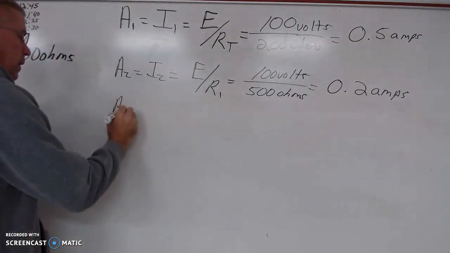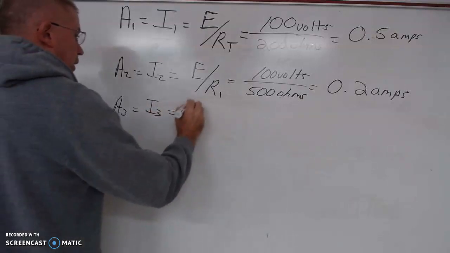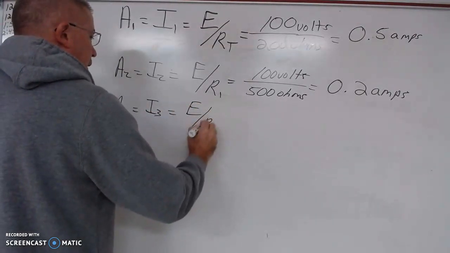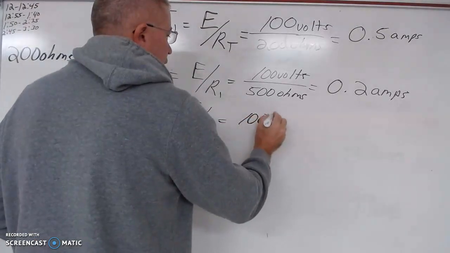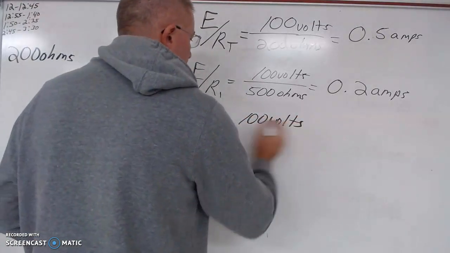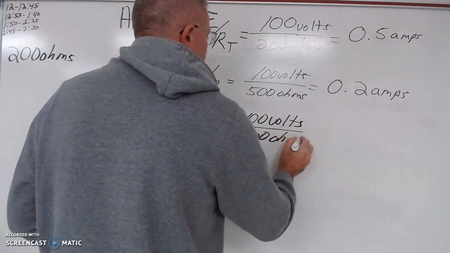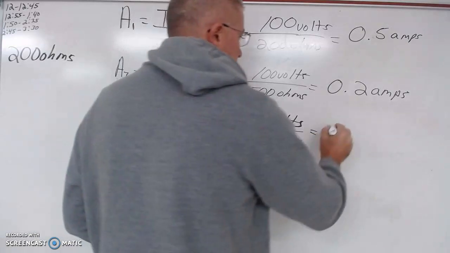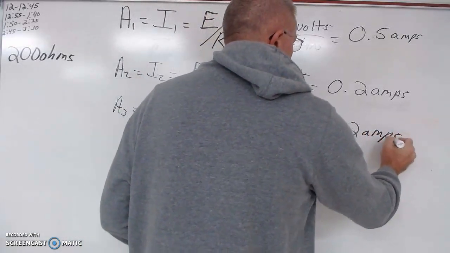A3, which is the same as I3, equals E divided by R2. 100 volts divided by 500 ohms equals 0.2 amps.